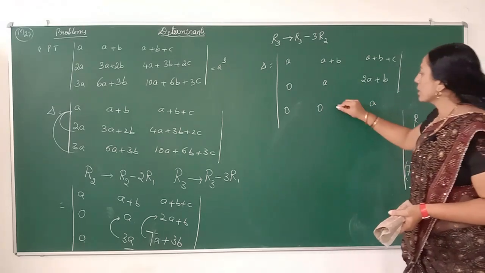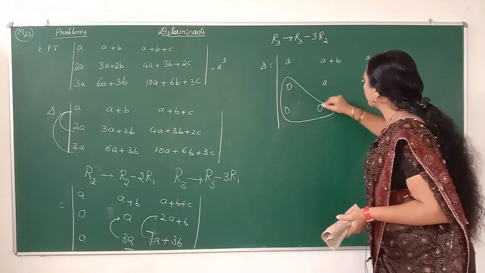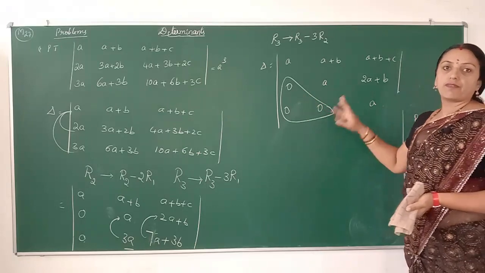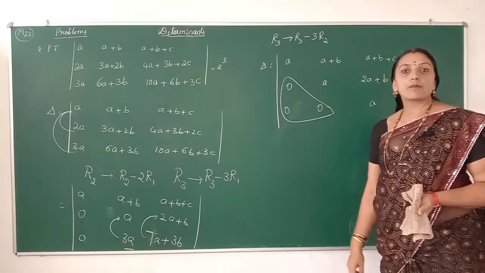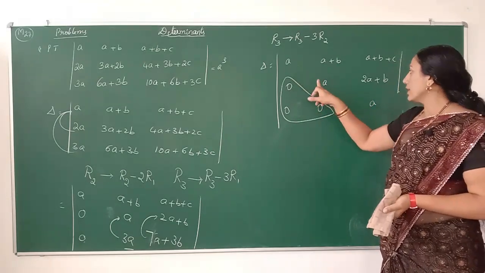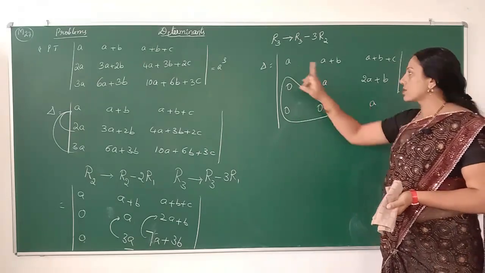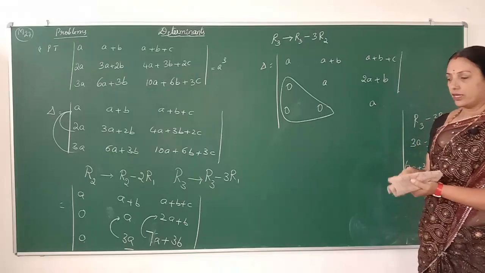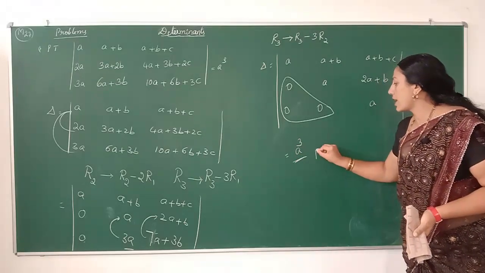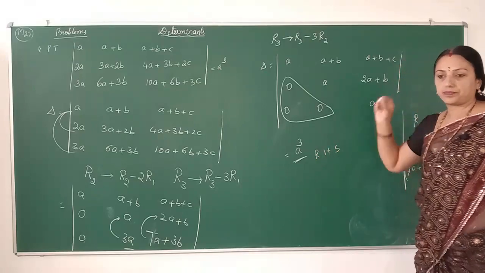Then by using the properties of the determinant, if one side of the diagonal elements are 0, then the value of the determinant is the product of the principal diagonal elements. Now what are the principal diagonal elements? a, a, a. Then their product is nothing but a cube, that is the solution on the RHS.